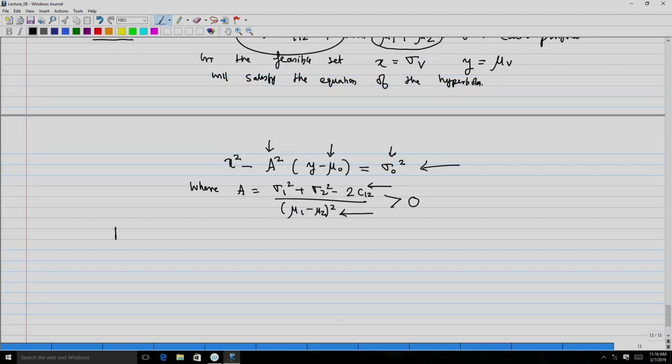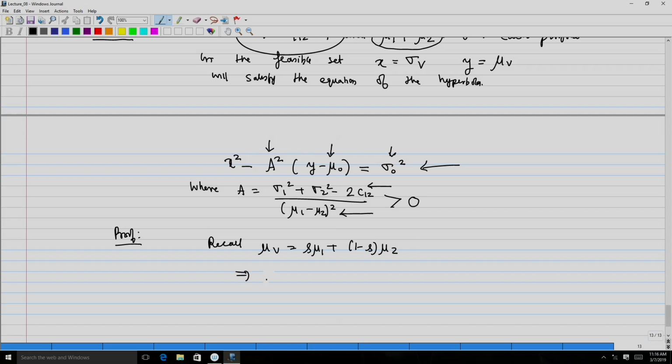So, the proof of this is fairly simple, but a little tedious. Recall mu v is equal to S mu 1 plus 1 minus S mu 2.